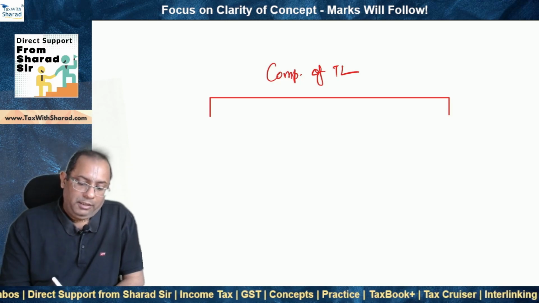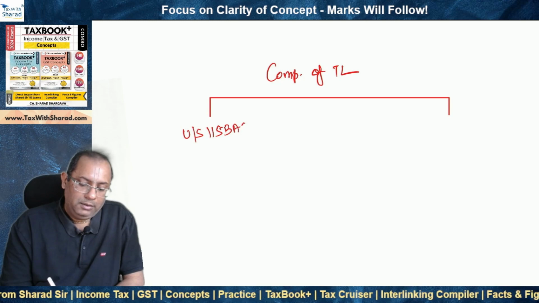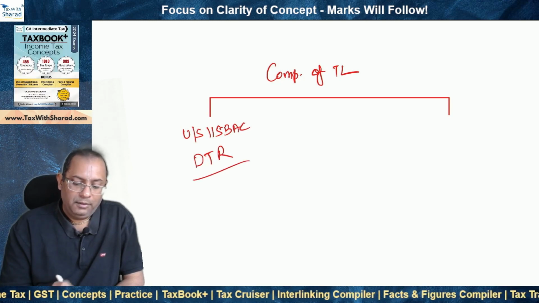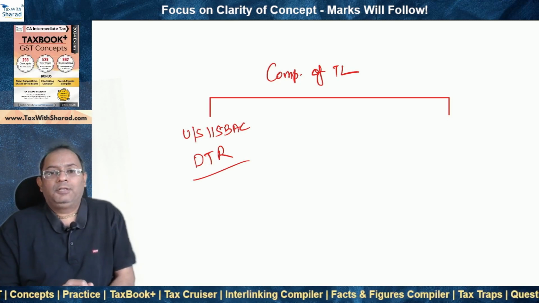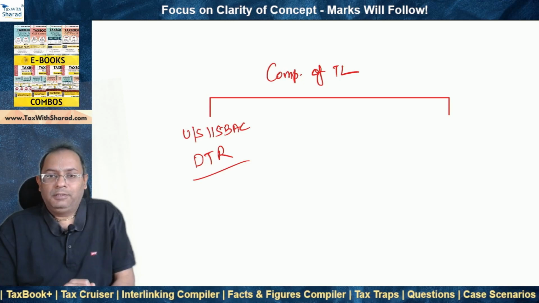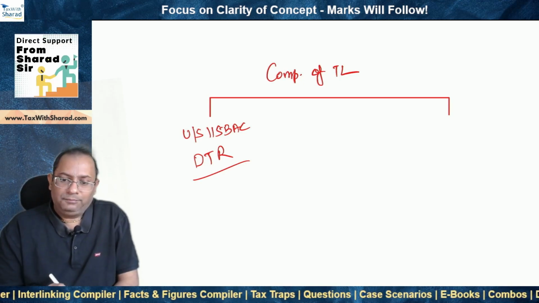The default tax regime is covered under section 115BAC, under which concessional rates of tax are applicable provided the SSE foregoes certain specified exemptions and deductions. So this is the default.